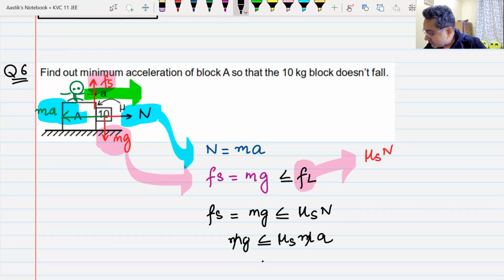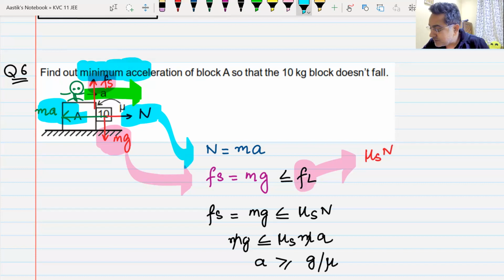So I get this equation: acceleration should be greater than or equal to g by mu. Again, you see this term minimum acceleration. So the value of minimum acceleration will be equal to g by mu.